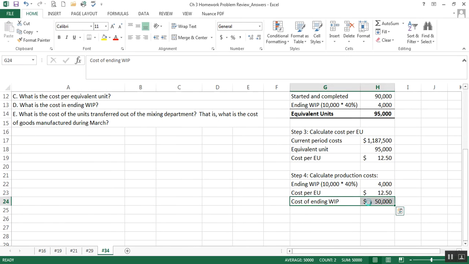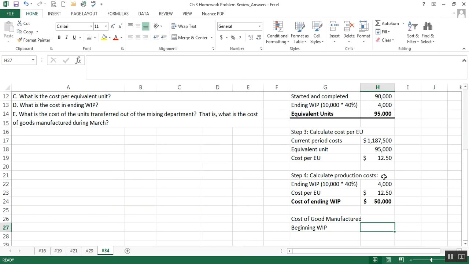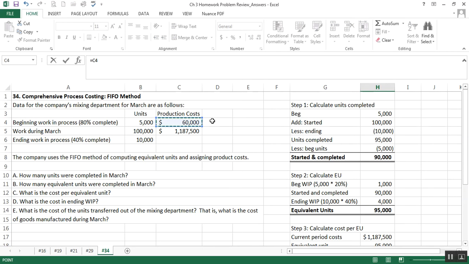Then it's also asking us to calculate the cost of goods manufactured. That's going to move to finished goods. Okay. So we're going to include our beginning WIP costs, which is the 60,000 that we talked about, we know is automatically moving, right?